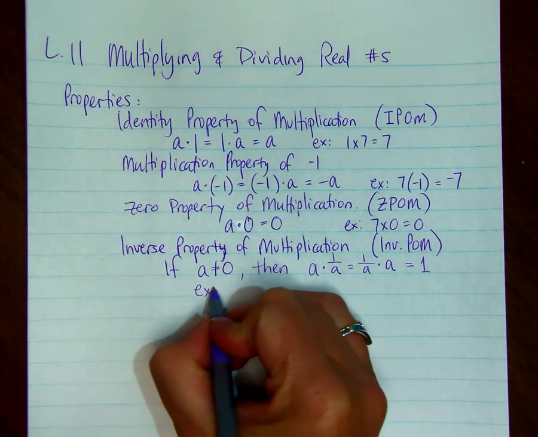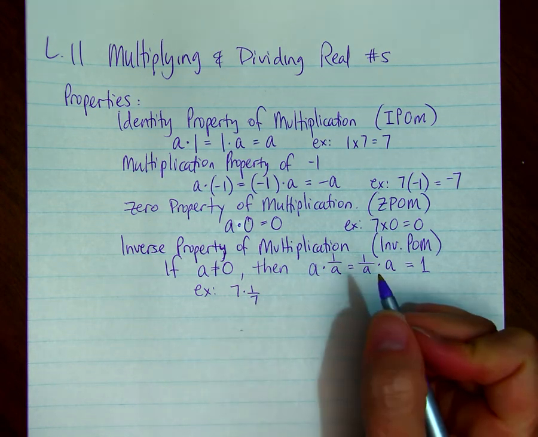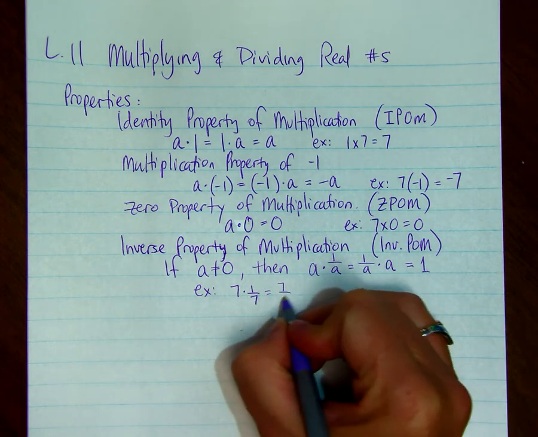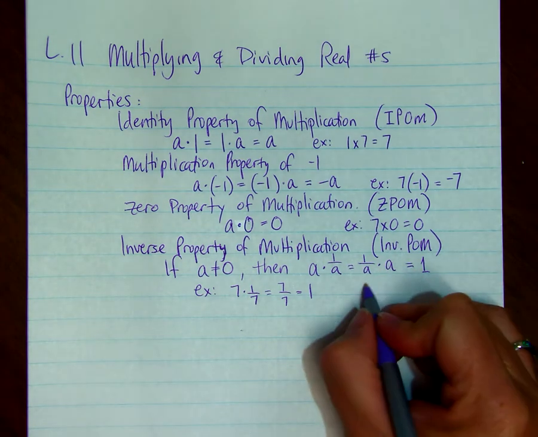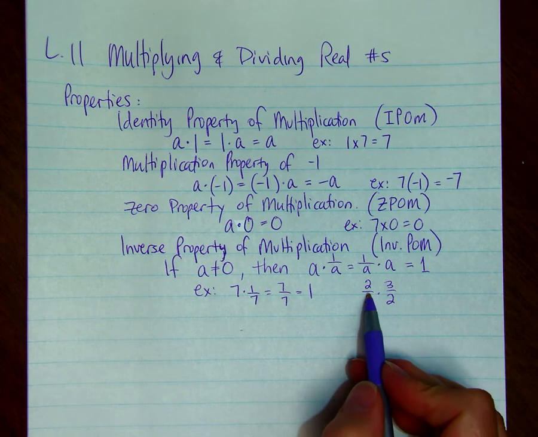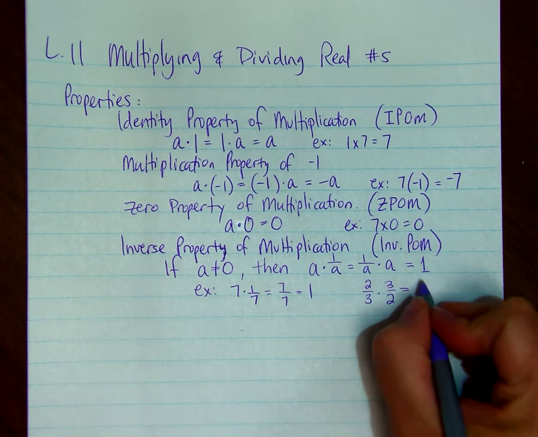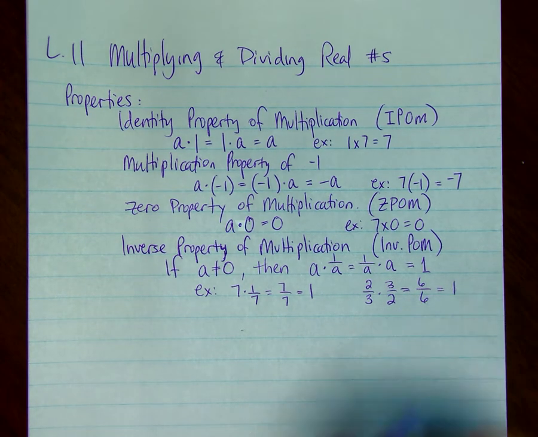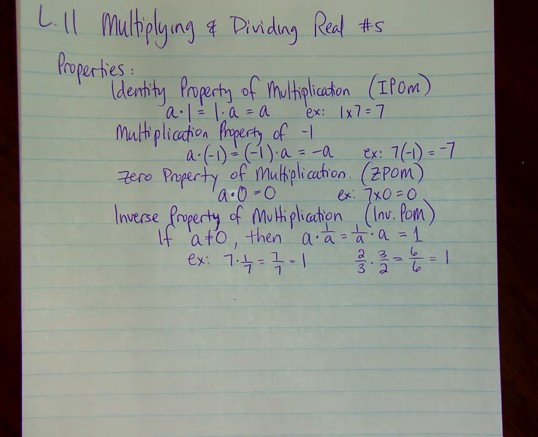So here's an example. If I take 7 times 1/7, I get 7 over 7, which is 1. And here's another example, 2/3 times 3/2. Notice that we're taking the reciprocal of the fraction. This equals 6 divided by 6, or 1. That's an example of the inverse property of multiplication.